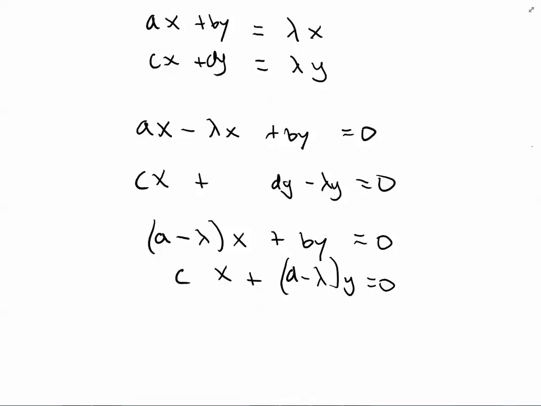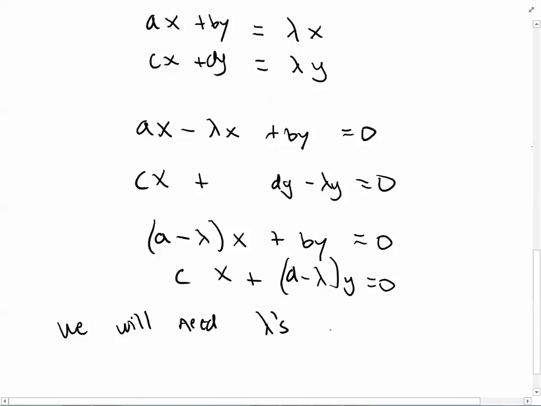Now the mathematical key is to ensure that, as part of the process, we will need lambdas, and you'll see that there can be more than one, and then we'll need a vector (x, y). I'm eventually going to have to solve for x and y here, and if I don't have the right setup, then I may end up with the trivial solution (0, 0).